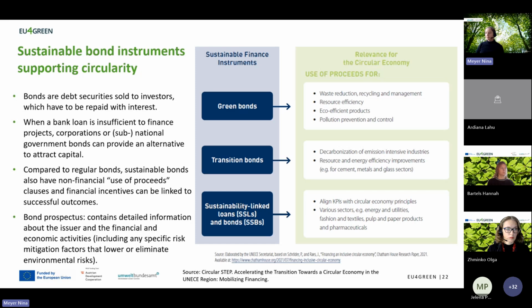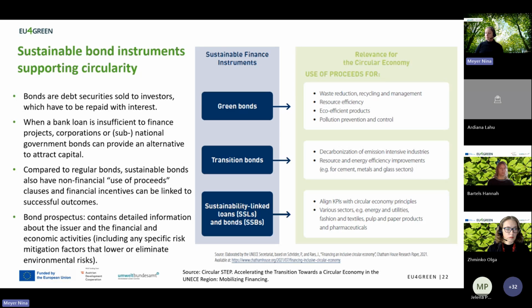In comparison to green and transition bonds, which are strongly linked to financing environmental and sustainable projects, sustainability linked loans and bonds give more flexibility to the borrower or bond issuer to spend the capital for organizational sustainability purposes.